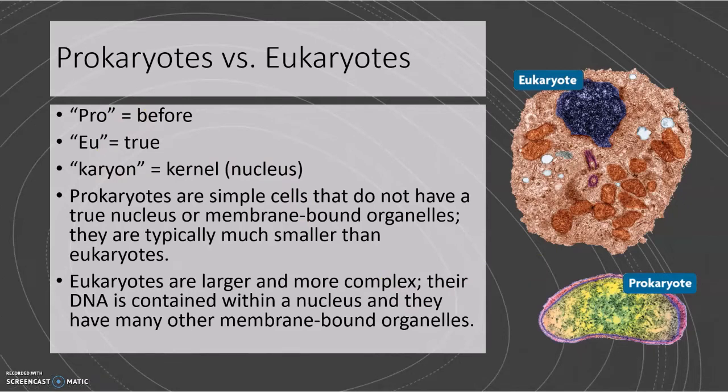We're going to talk about a lot of organelles in this presentation that are unique to eukaryotic cells, and prokaryotes pretty much lack all of them. Now, eukaryotes, on the other hand, will be much larger and more complex than prokaryotic cells. The DNA is contained within a nucleus, and they have many other membrane-bound organelles inside of those cells.